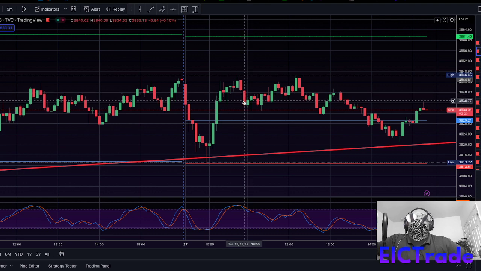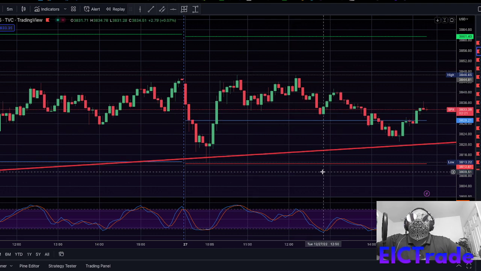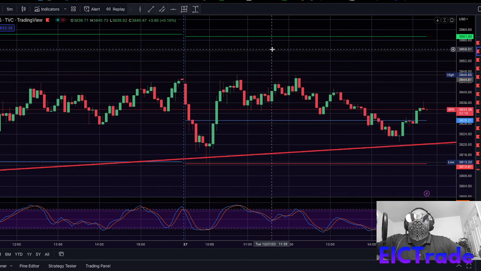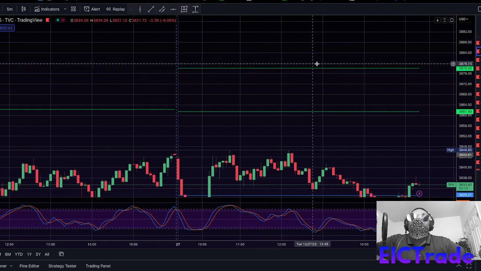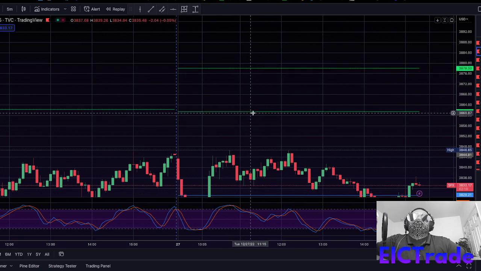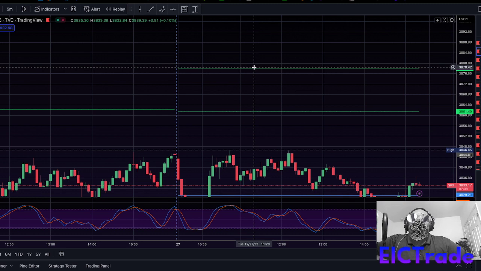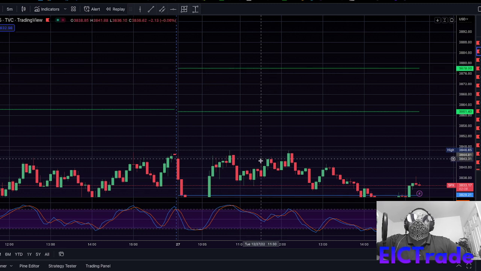Now, the market did not continue to go down, but that's okay for spread trading, because I placed my trade above this resistance line. I think this is R2 right here. So I've got two bands of pivot point resistance above me in my trade.